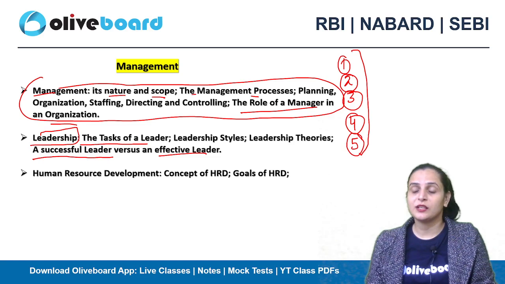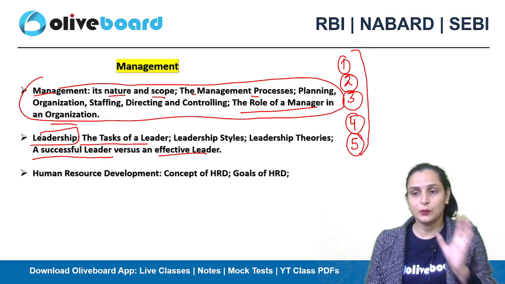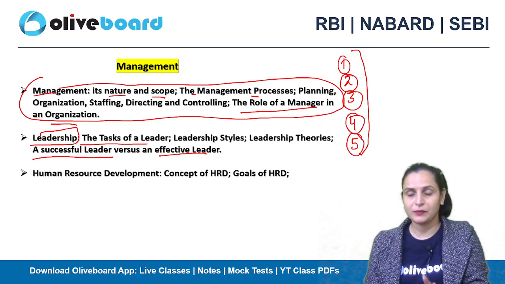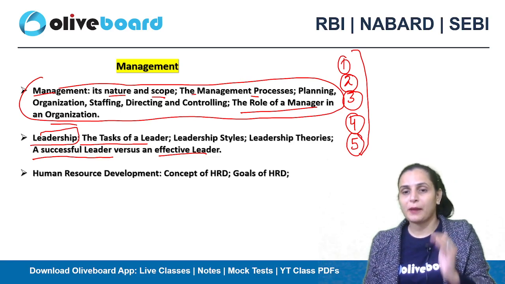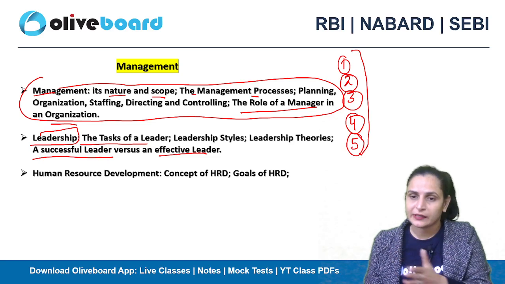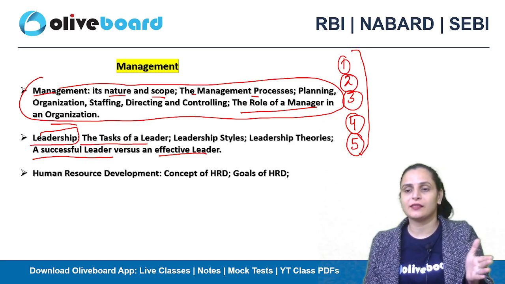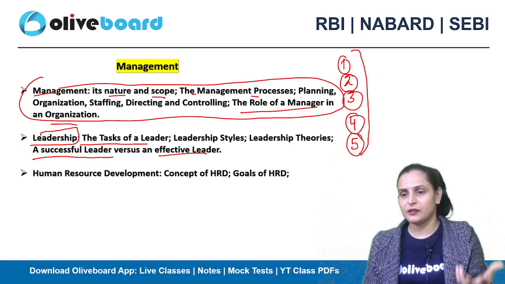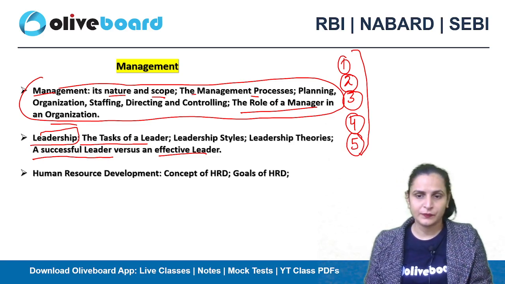An effective leader will think about the organization or the people connected to him, and how he can effectively utilize all their potential so that he gets all the work done in the prerequisite time in a proper manner. So we'll discuss all the characteristics of the successful leader and the effective leader and how these two are different. For that, I'll tell you some examples, so we'll do some case studies related to this particular portion.